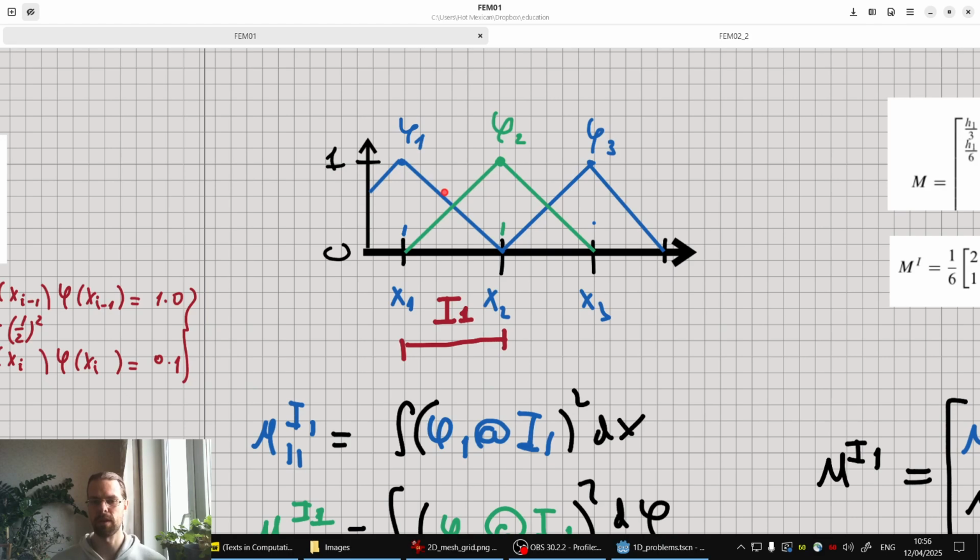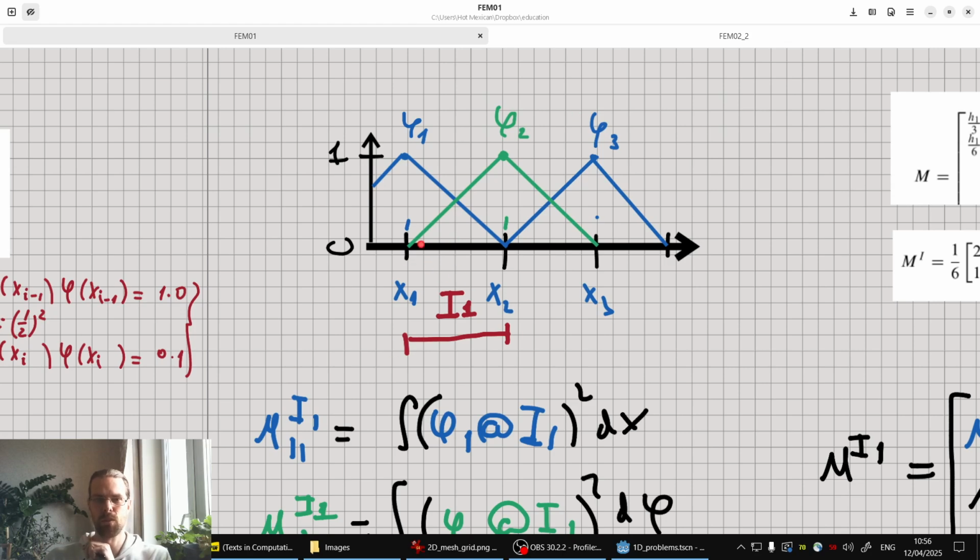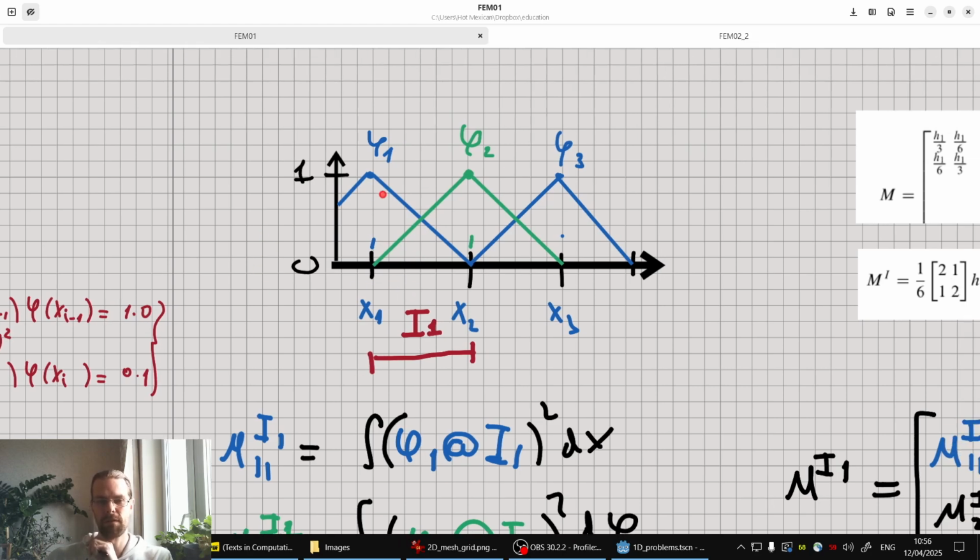That means if we combine them all together, we recover the whole domain. And the same can be said about these basis functions. They are piecewise linear, and we can also split them, so we can clump them together and relate them to each element. So in this case, we just examine one element and every function that exists on this particular element.